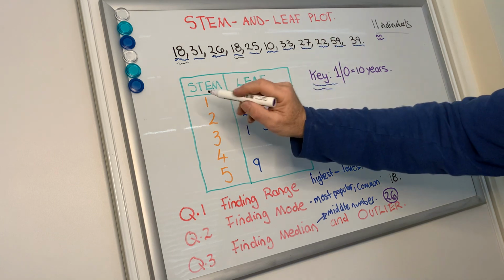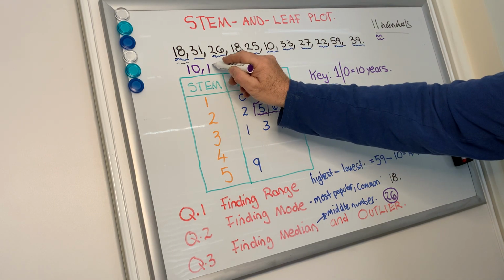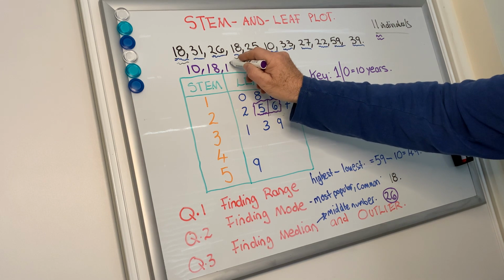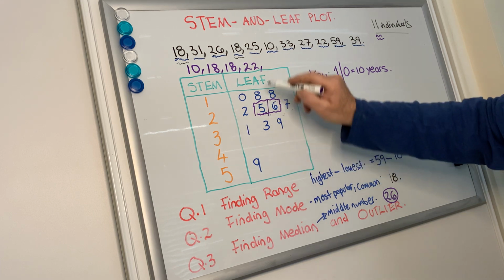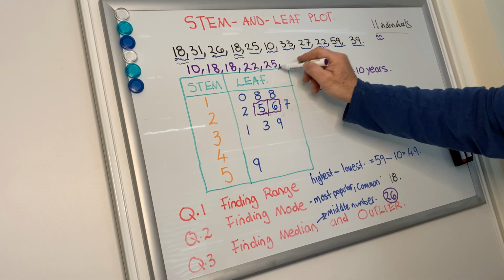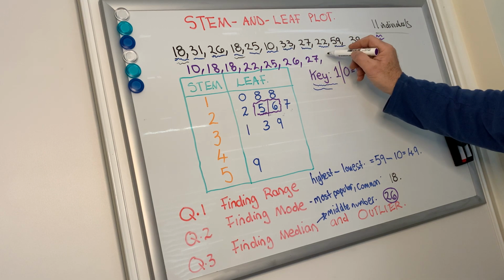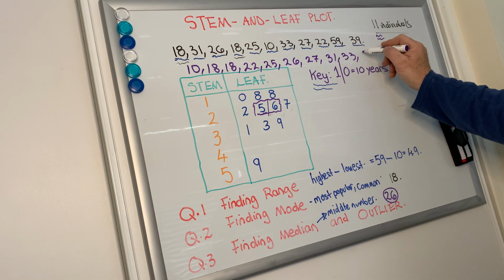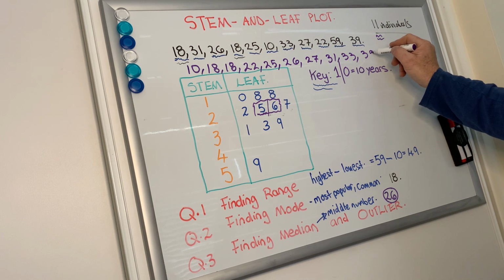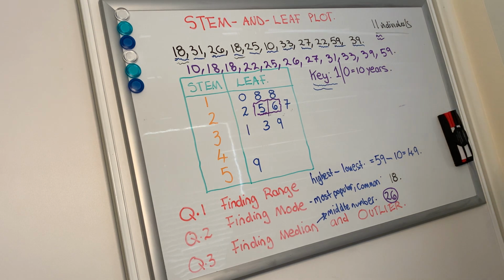So let's say we start off with a 10, then 18, 18 again, 22, 25, 26, 27, 31, 33, 39, and 59.